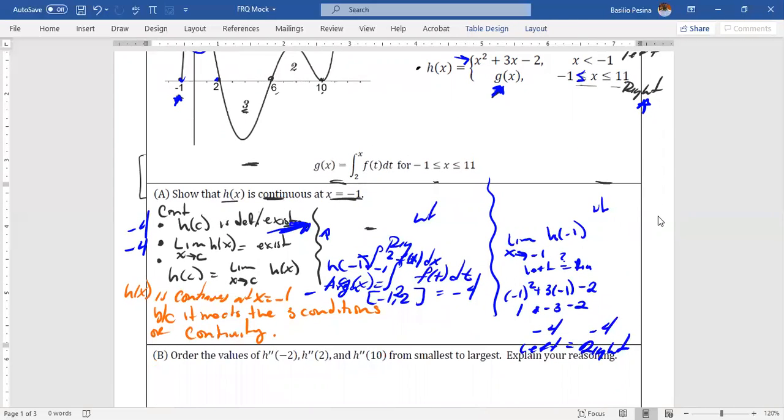Okay, so let's go ahead and go to the next one. The next one's saying find from least to greatest, right? This right here, h.